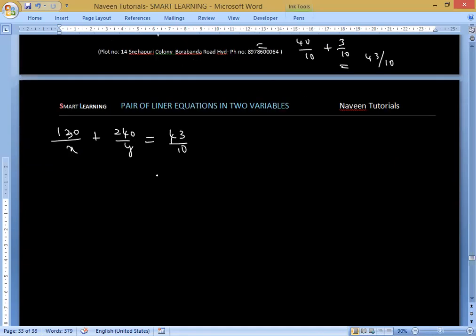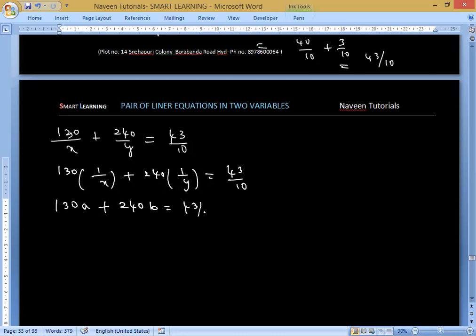Again I'll assume: 130 into 1 by x plus 240 into 1 by y is equal to 43 by 10. Since 1 by x is assumed as a and 1 by y as b, I can write 130a plus 240b is equal to 43 by 10.